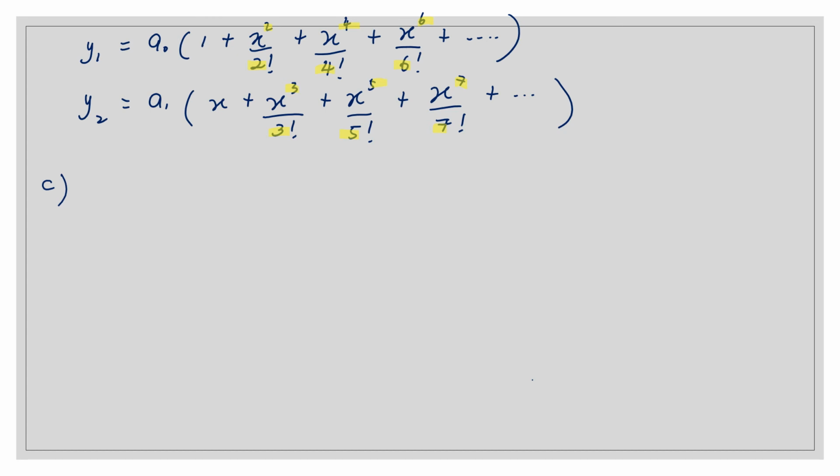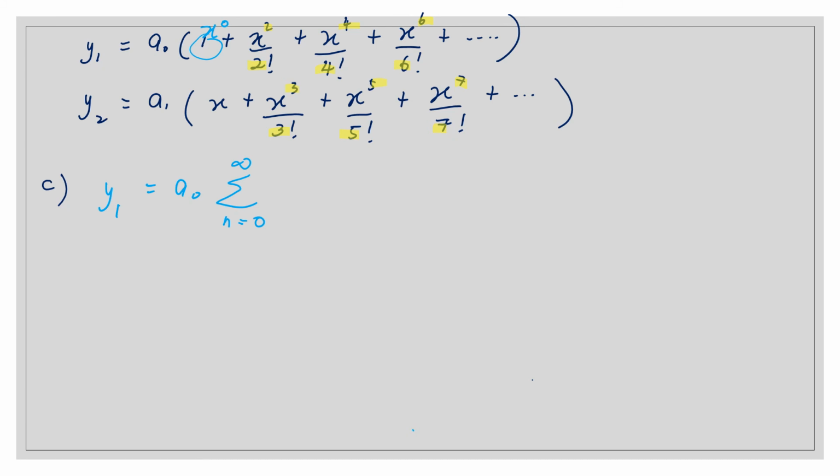So for y1, because all of this is in even powers of n, and the factorial also is in even numbers, we can write our series with x to the 2n, or the first term as x to the naught, because x to the naught is 1.